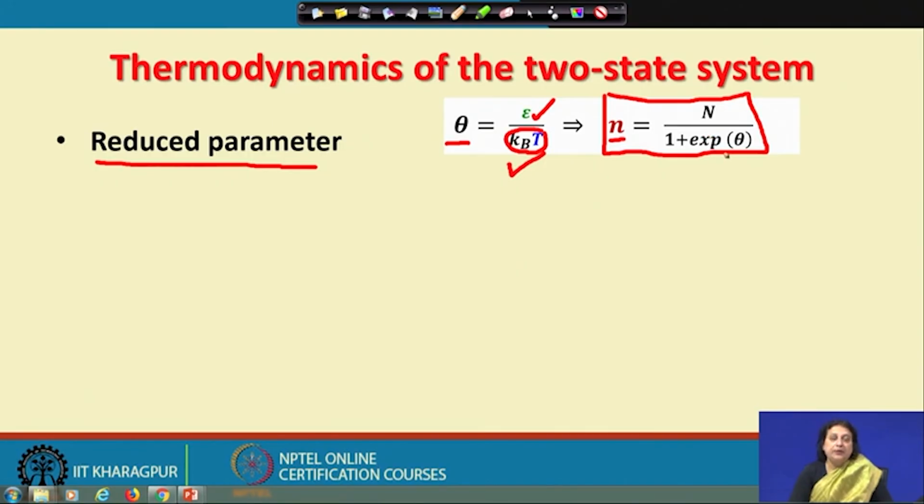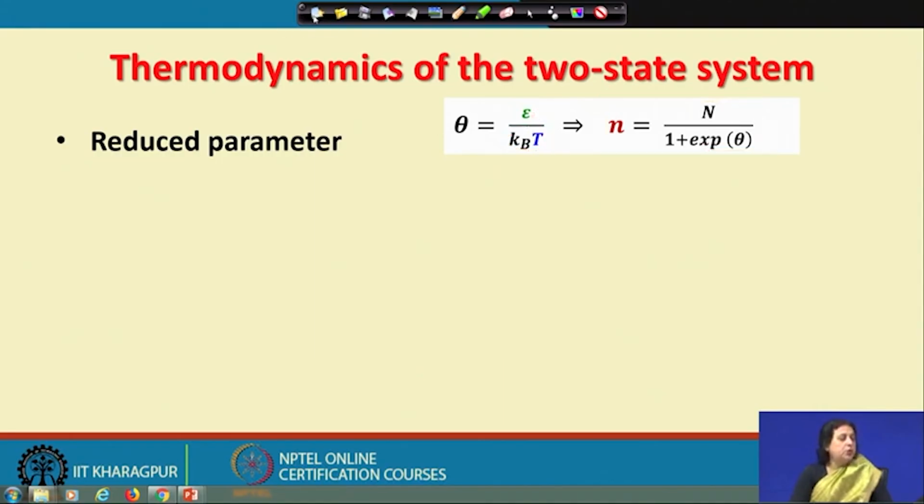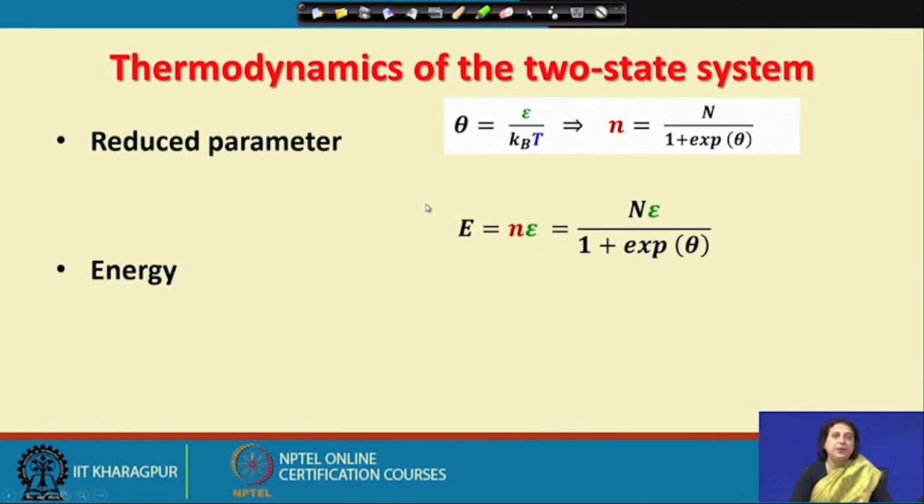Now, if that is so, then it is possible to simplify the expression for the total energy of the system, because the total energy of the system is n epsilon, and I know what small n is as a function of theta. So, I just plug it back over here, and that gives me the total energy of the system.